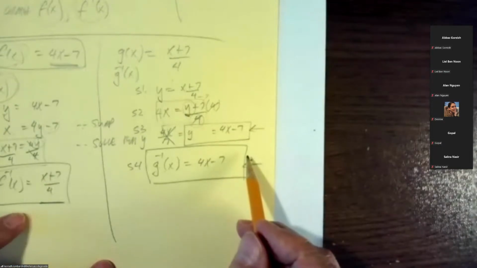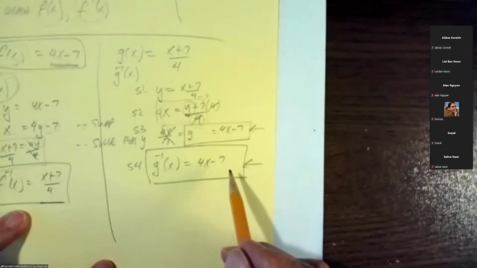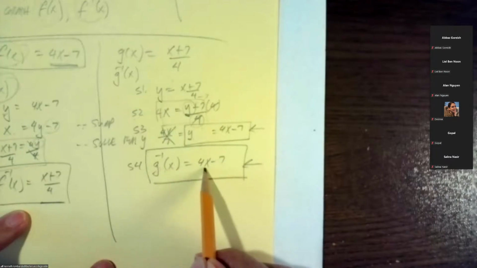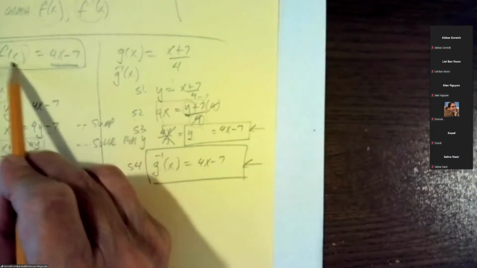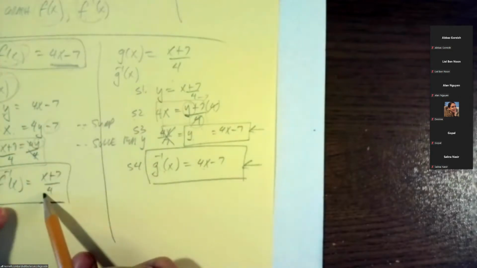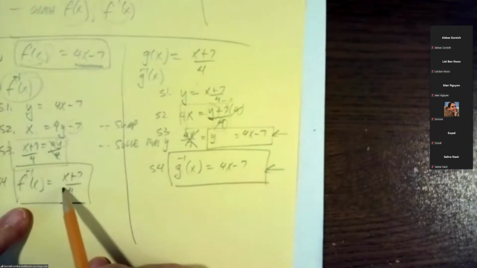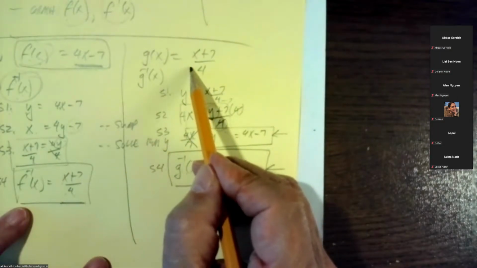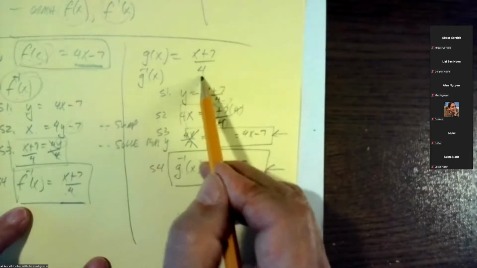Now, I want you to notice something kind of interesting here. You notice that the inverse function of g, 4x minus 7, equals f of x, 4x minus 7. And you'll notice that the inverse function of f, which is x plus 7 over 4, equals the function g of x, which is x plus 7 over 4.